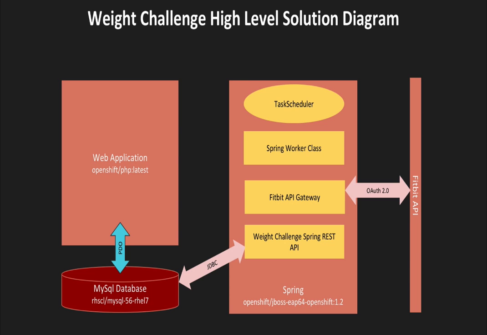And the main web application to the left is built using PHP and of course a MySQL database, and this is on the OpenShift PHP latest pod. This is the web application where the users can interact, log in, sign up, see the values, see the history of their progress, and sign up to new challenges and see the progress on each of these challenges.